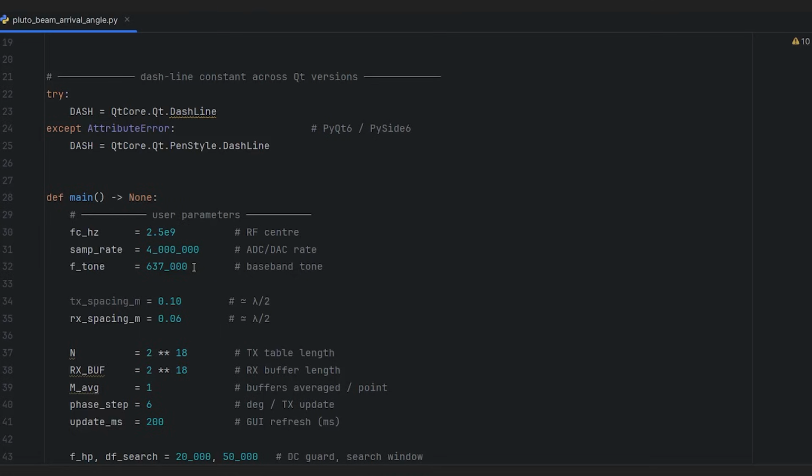Because, as we discussed in the previous videos, because of the bandpass filter we have in the path of the ADC or DAC in the ADALM-Pluto, we cannot send 0 or 1 or any constant value. Even if we just care about creating a 2.5 gigahertz tone, we need to create a sine wave and then use the mixer to up convert it.